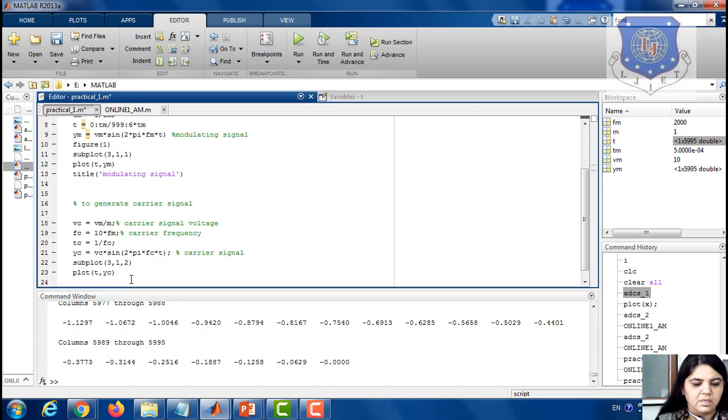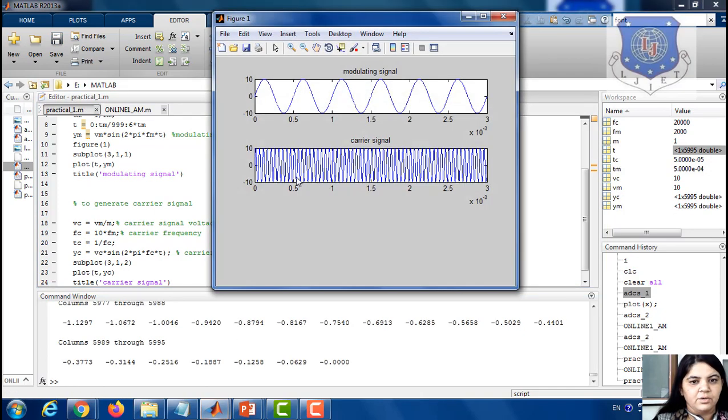So it's a title, carrier signal. So now we'll just run the command. You can see that this is my carrier signal.